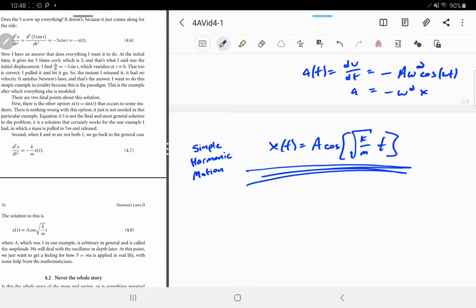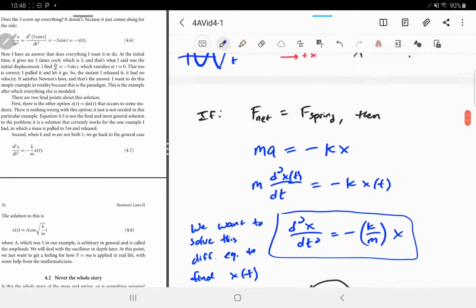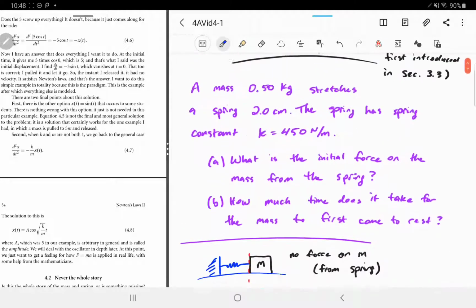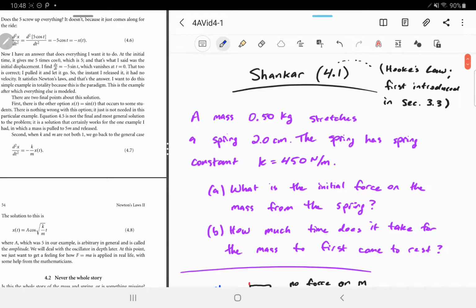The dynamics of Hooke's law is simple harmonic motion, which means that the motion is oscillatory, sinusoidal. If you have a mass bouncing on a spring like this, it looks like a sine or a cosine. The position as a function of time looks like a sine or a cosine.